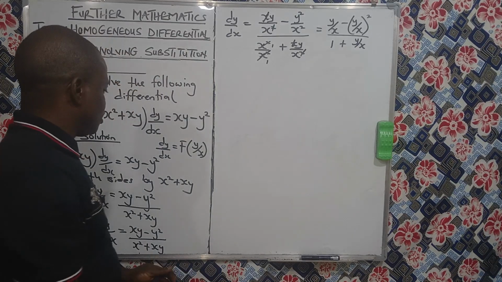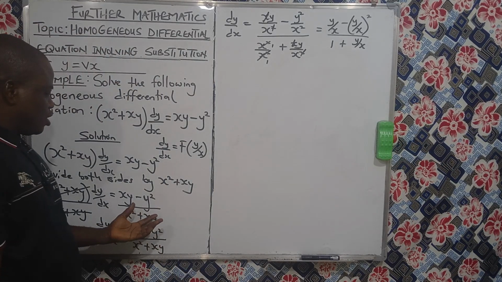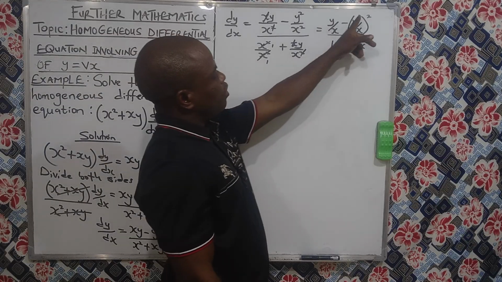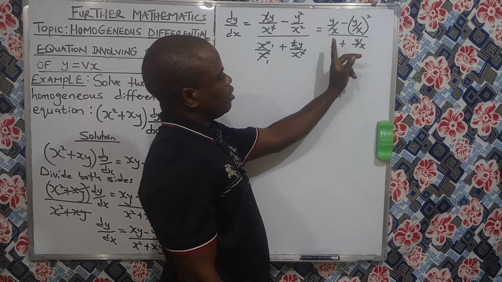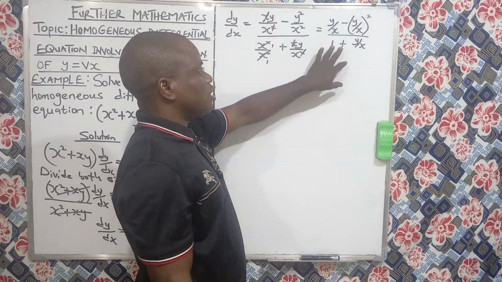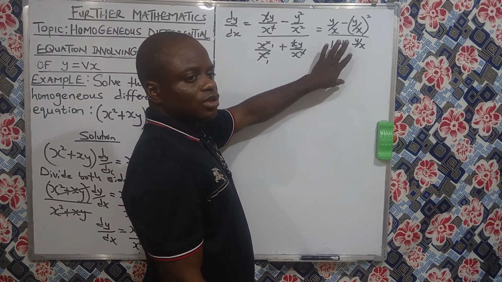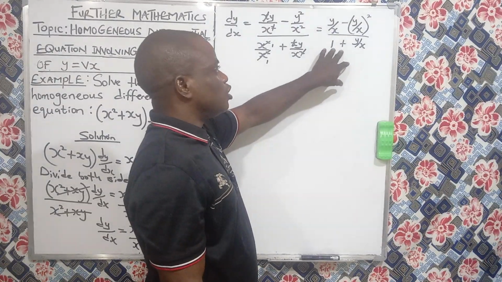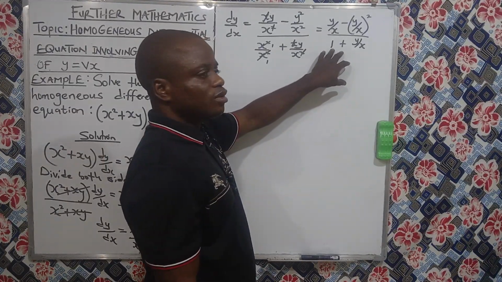Can you see that it is a homogeneous differential equation because of the form y over x, y over x, y over x, and the constant 1. When it has a constant of 1, it does not affect the homogeneity of it. It is still a homogeneous differential equation.